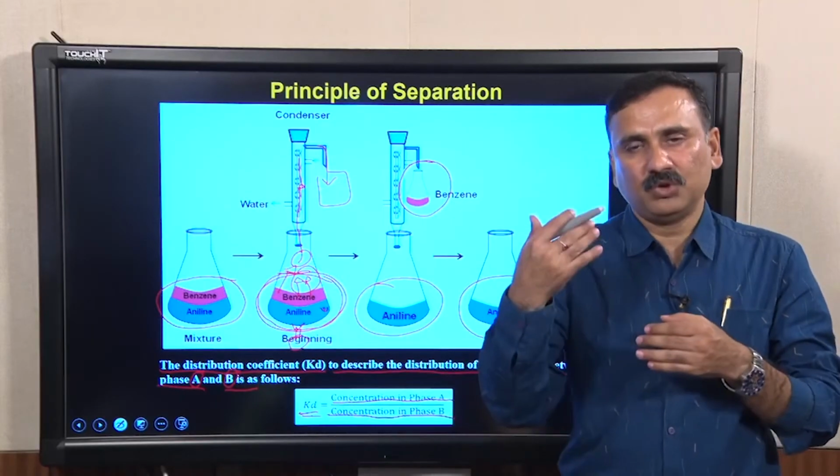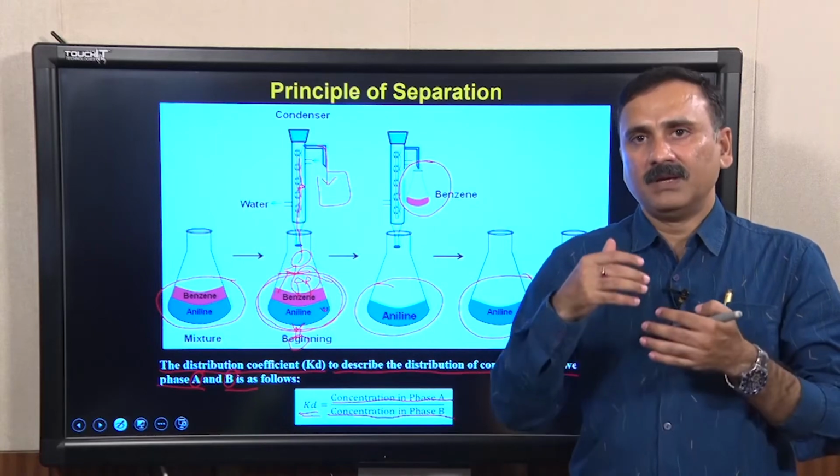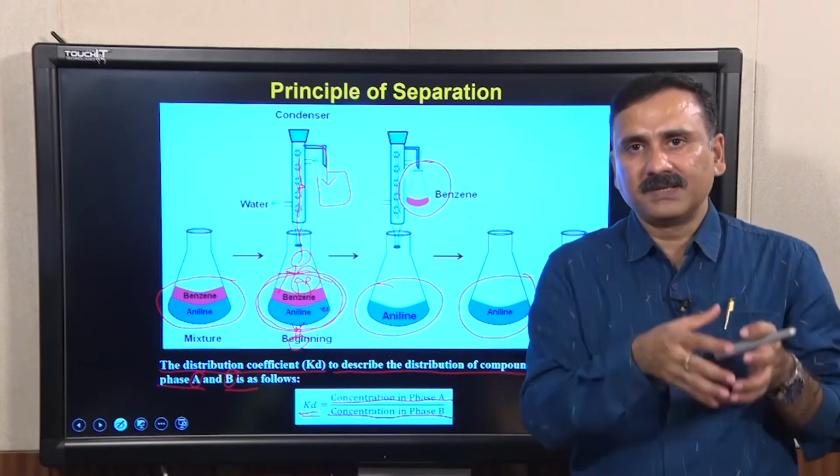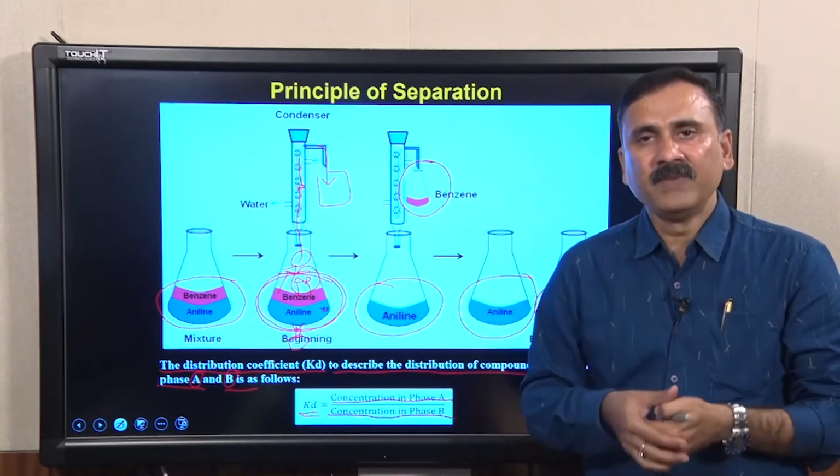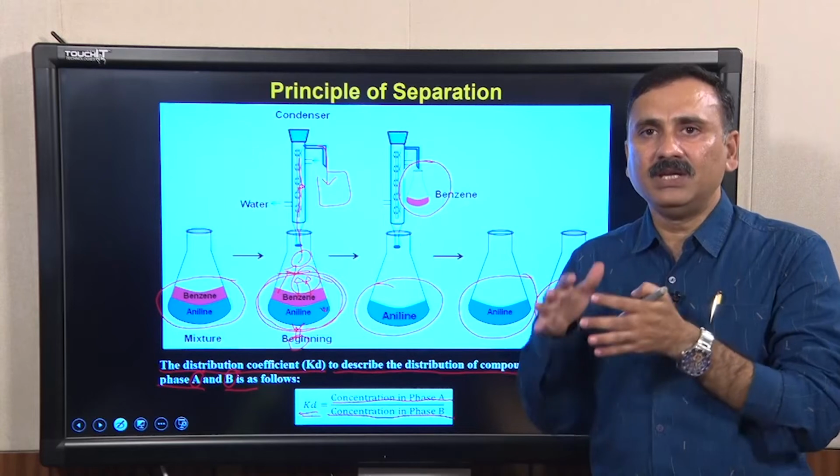So, the distribution coefficient is a ratio of the concentration of the compound in phase A versus phase B, and it does not have any unit.